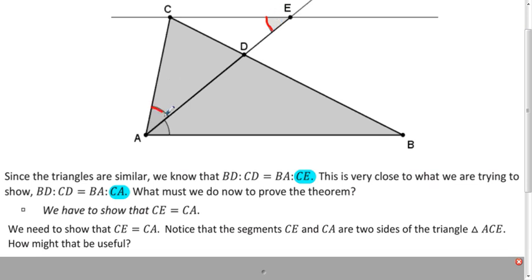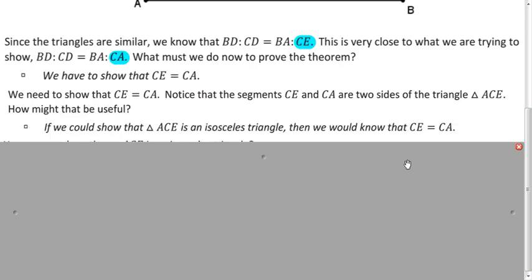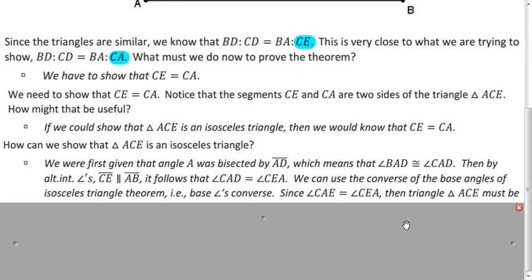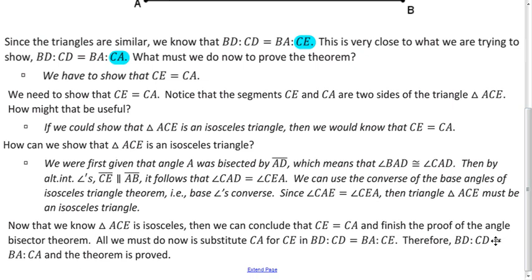And we know by the converse of the base angles theorem that the legs are going to be congruent because the base angles are congruent. So this is an explanation of what we just said. And so now if you just substitute, plug that into the original proportion that we wrote, you get what we wanted to prove. BD divided by CD equals BA divided by CA.